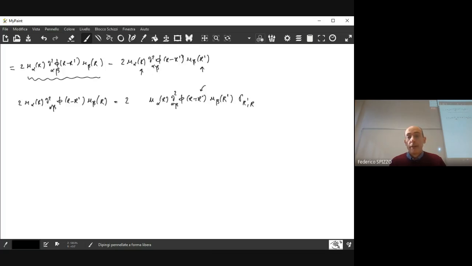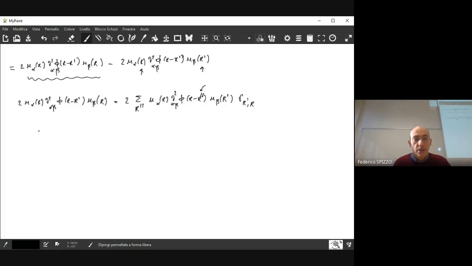So to avoid the fact that this r prime is exactly equal to r and this difference goes to 0, we have to replace the r prime in this parenthesis with the new index r second, and make a summation over r second. This summation over r second tries to replace, I just write here the initial expression.